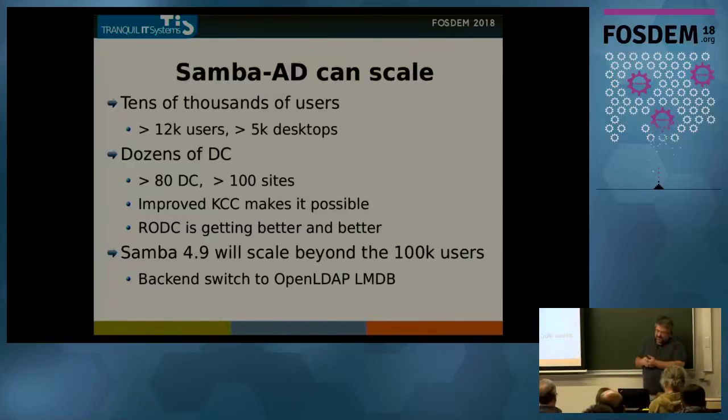Currently we had some financing to try to push Samba beyond those 100,000, 200,000 users. So it's really moving forward and getting very big. For this type of scale, it should be in Samba 4.9 in September or October. I don't know what it would be, at least for 4.9.